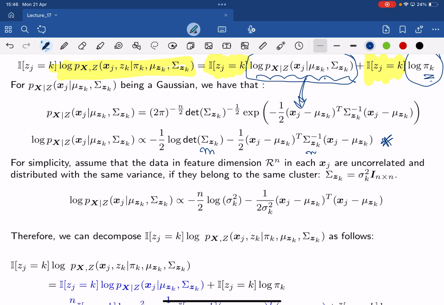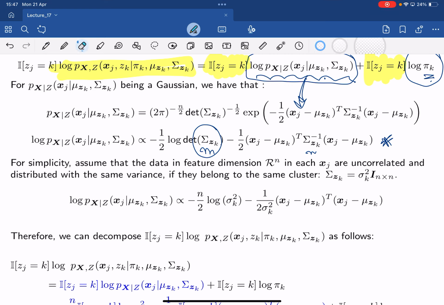When you do maximizing or minimizing, you have to compute the gradient of the determinant, which involves so many procedures, like finding the adjugate, which is extremely difficult. That's the reason why people may assume this to be, let's say, just an identity matrix, or a diagonal matrix where every element has its own variance.